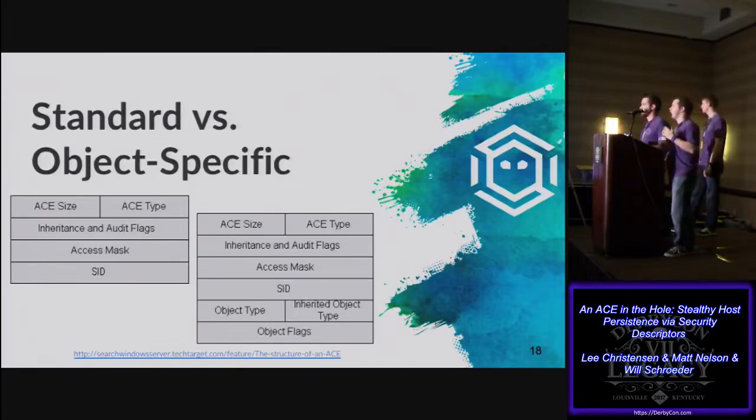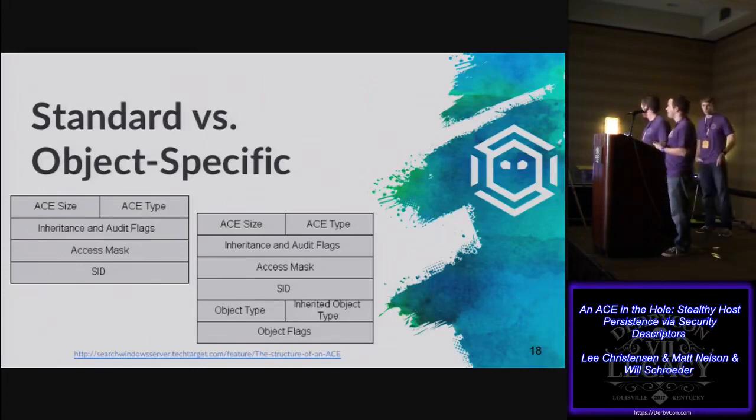So when we're talking about these different rights, I mentioned before that each object has different rights. You may think of a file, where you may have read access or write access to the object. Well, there are different types of objects that don't necessarily have those same rights. Standard rights are specific rights that apply to all objects, regardless of their type.